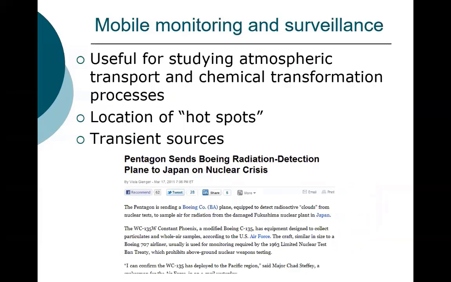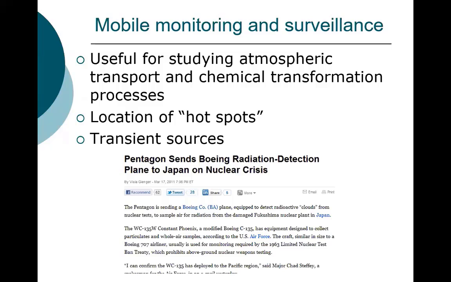Then we also have mobile monitoring and surveillance, and this is typically used for studying atmospheric transport, chemical transformation processes, and also transient sources. For example, with the meltdown of the Fukushima nuclear power plant, there was extensive air sampling done for radiation. This was all done by planes.